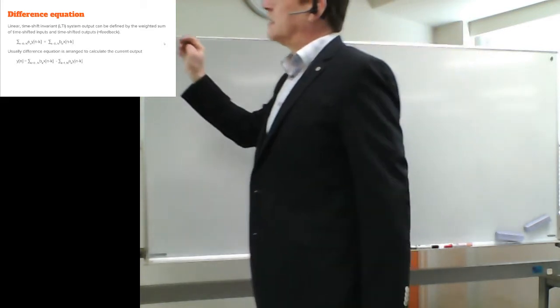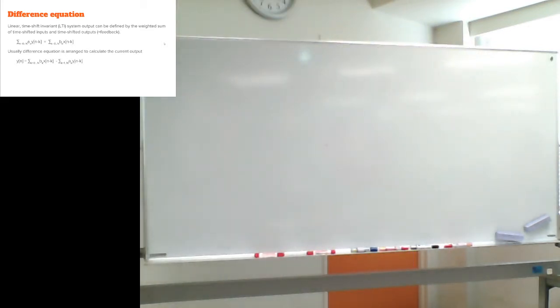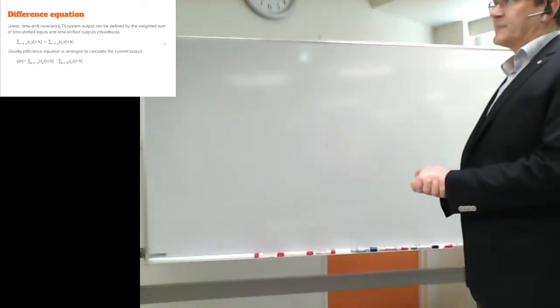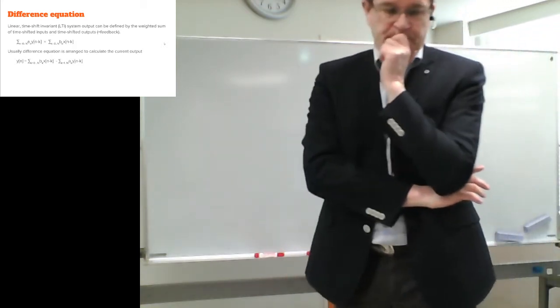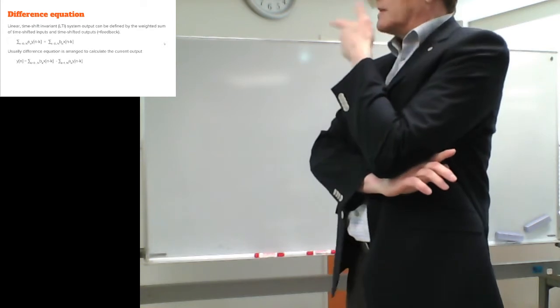Anyways, you just take the y of n out and move the rest of that equation to the right hand side, meaning that you are subtracting this feedback from the forward input system. So that's a general way of showing the difference equation. And this one also has the feedback.